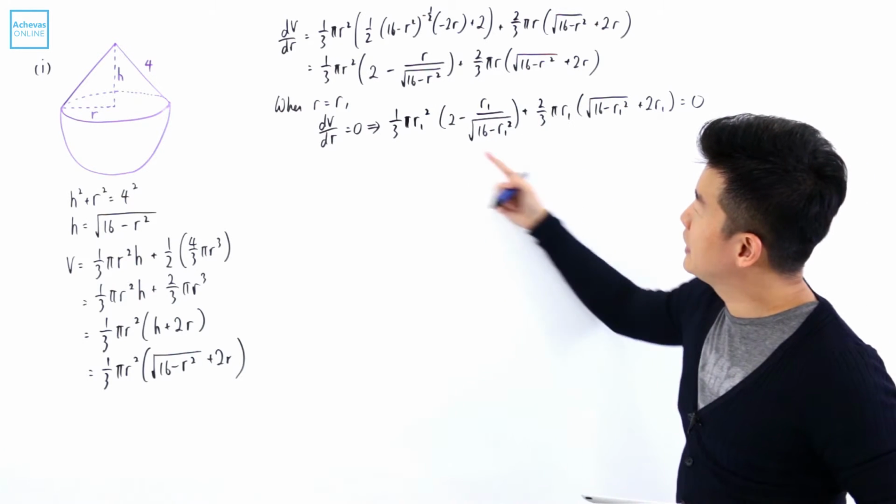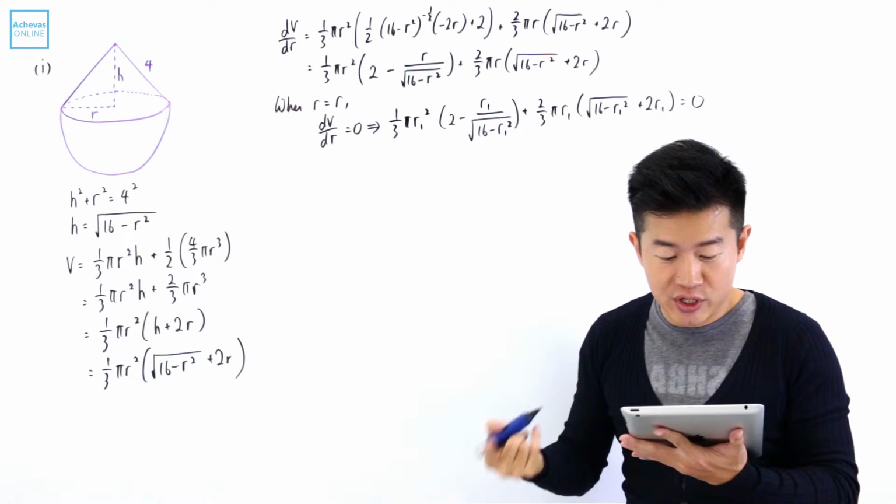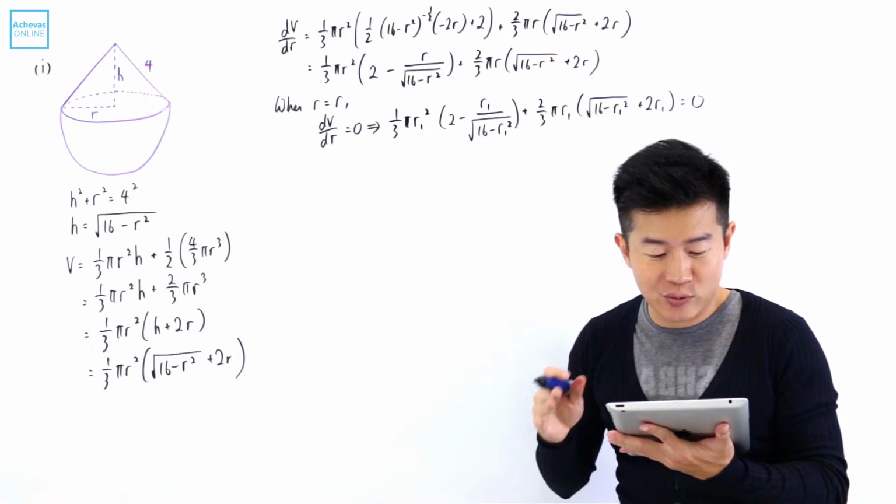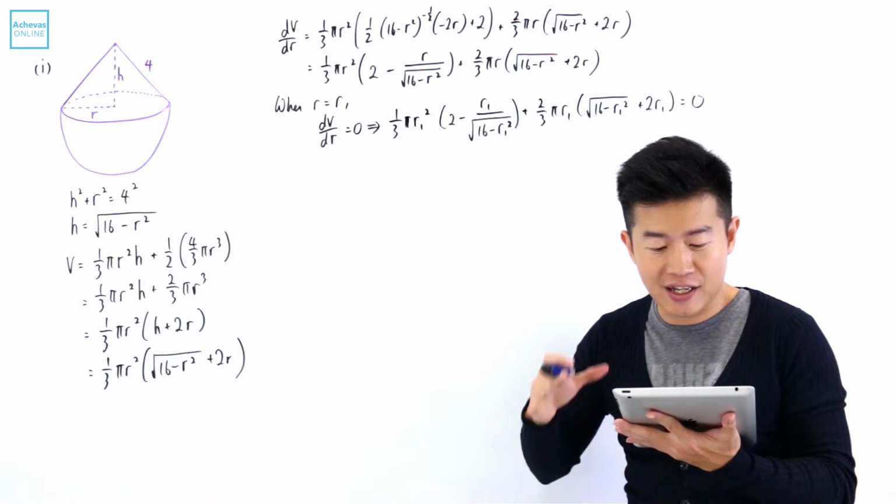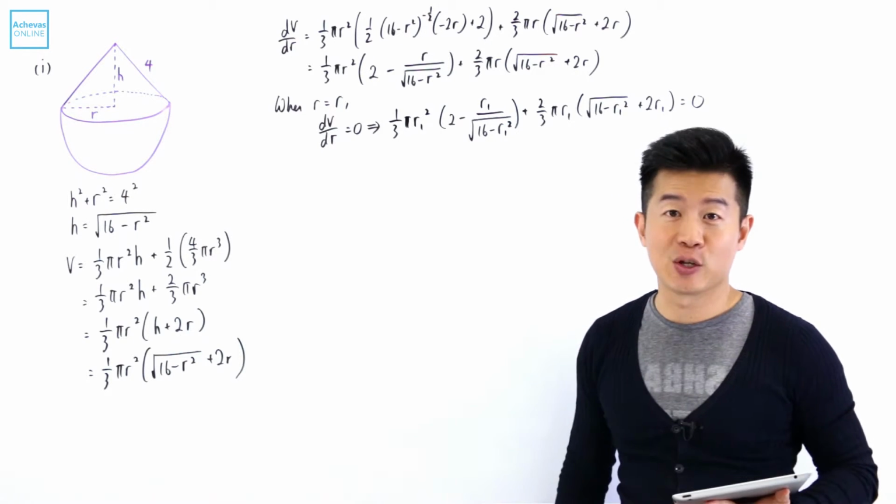We need to manipulate this so that we can get the equation that the question wants us to show, and that will show us that r1 satisfies that equation.